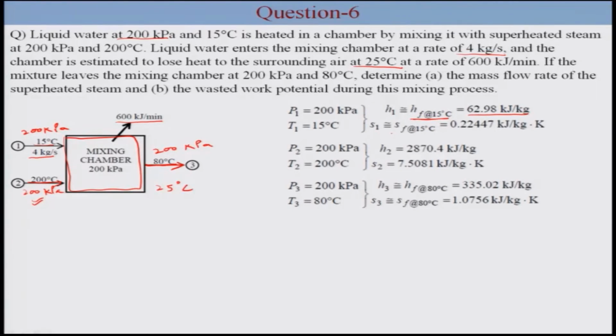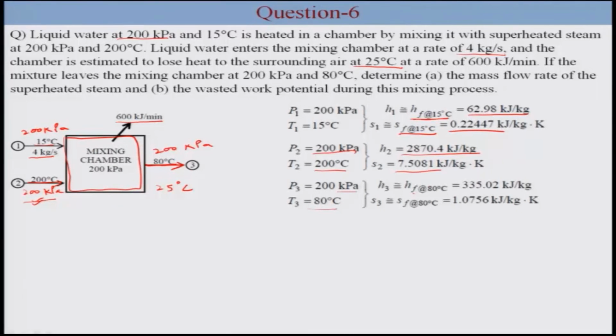The entropy would be the value sf at 15 degrees Celsius, which is 0.22447. Now state 2 is at 200 kilopascal and 200 degrees Celsius, in superheated state. So from the superheated table at these conditions, H2 is 2870.4 and S2 is 7.5081. While the stream which is leaving is at 200 kilopascal and 80 degrees Celsius, it is again compressed liquid.